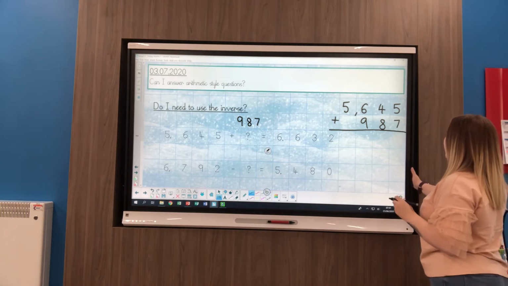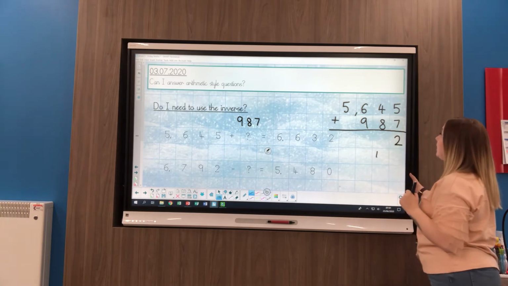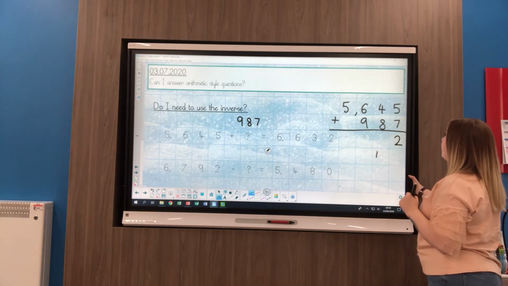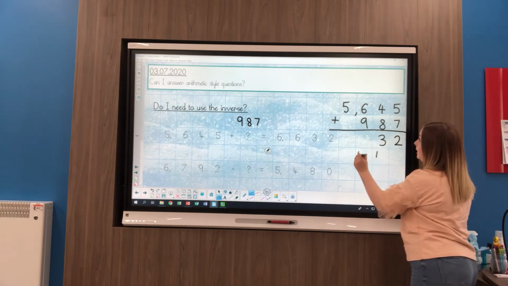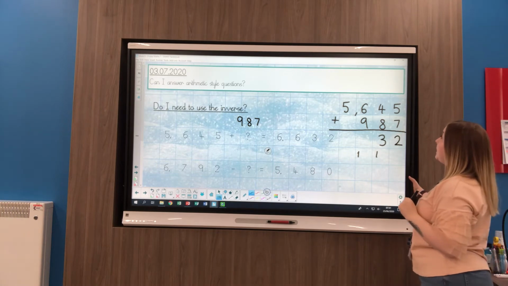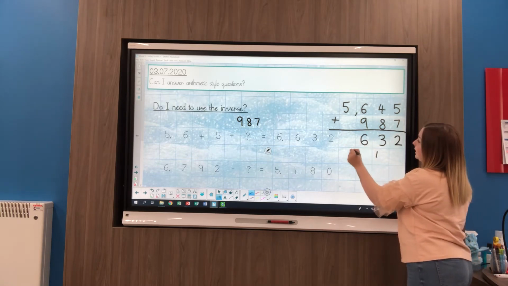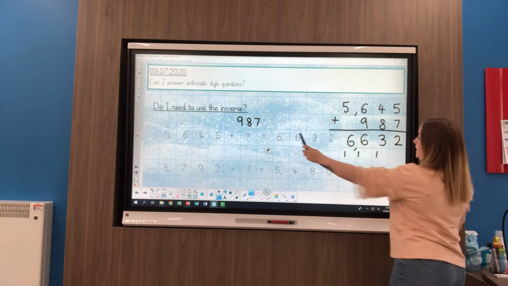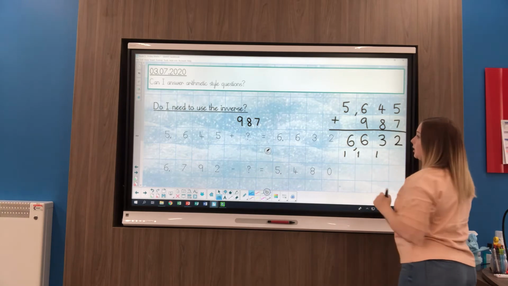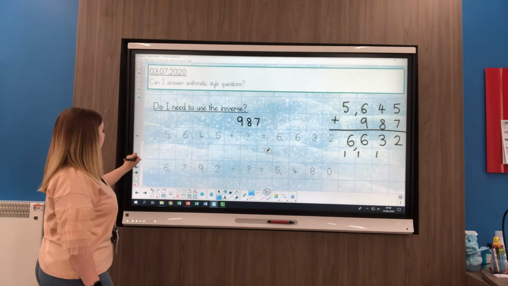So 5 add 7 is 12, carry the 1. 8 add 4 is 12, add the 1 more is 13, carry the 1. 9 add 6, or 6 add 9 is 15, add 1 more is 16, carry the 1, and then 5 add 1 is 6. These two numbers should be exactly the same, and they are, so that one must be correct. So let's have a little look at this next one then.